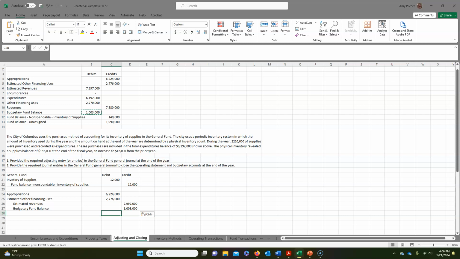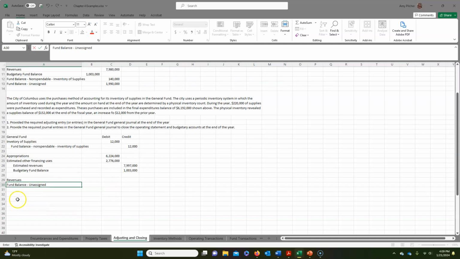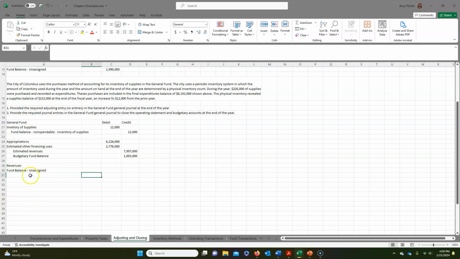Now we're going to close the other accounts, the revenues and expenses, just like you would for a regular business, that you would close the revenue and expenses. So now we're going to close revenues by debiting it and fund balance unassigned. And then the expenditures and other financing uses.